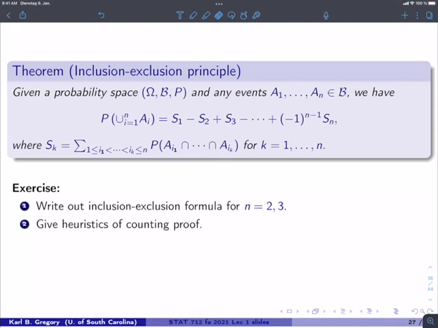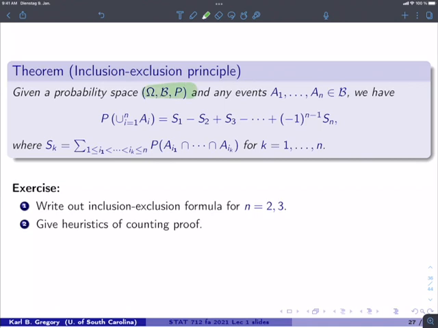Another useful probability rule is called the inclusion-exclusion principle, or you might call it the inclusion-exclusion formula. And it looks kind of confusing. It can look a bit ugly, but it can be useful. You're using it on some of your homework problems.